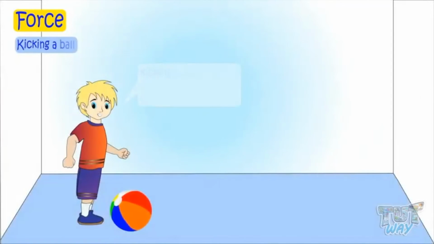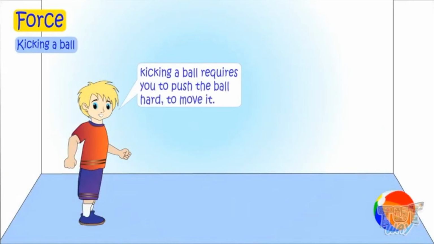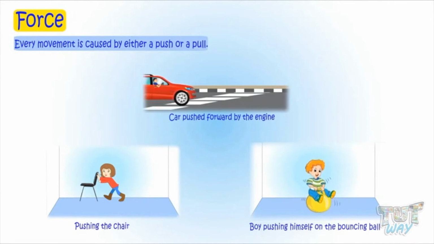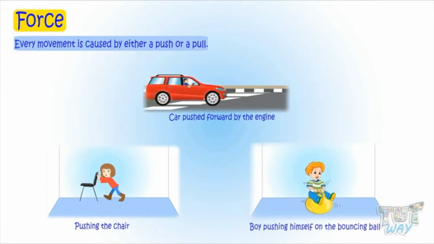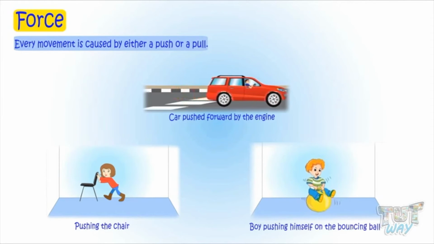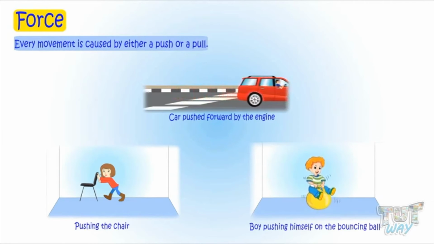Kicking a ball. Kicking a ball requires you to push the ball hard to move it. So kids, no matter what is the movement, in every movement of every object, either pull or push moves the object. We have seen that everything moves with some force, and it's either push or pull.